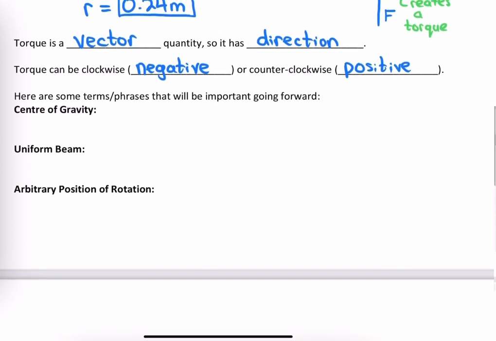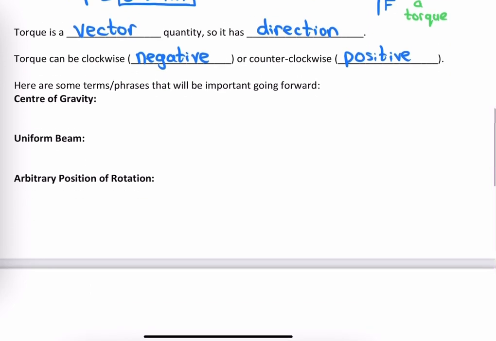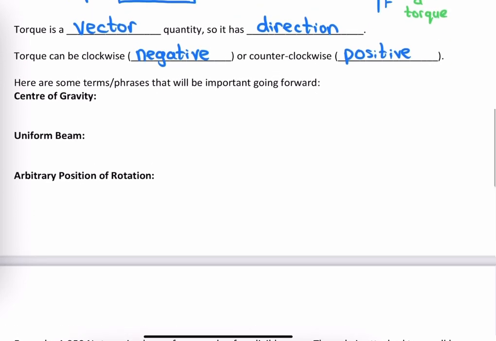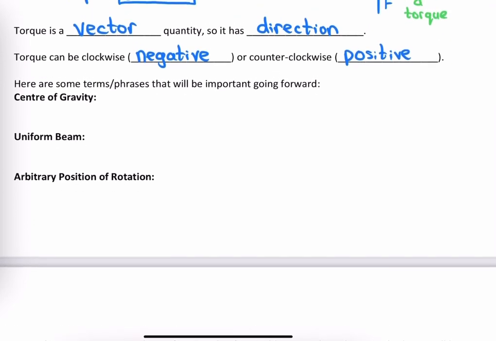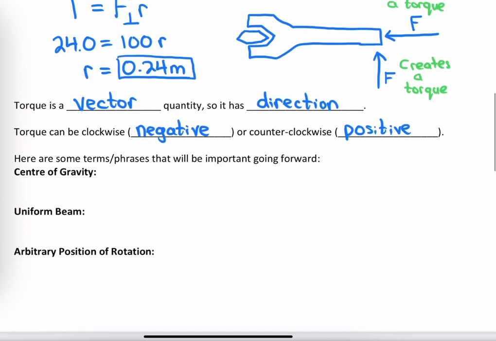One thing I want to talk about is center of gravity. So in an object, say this wrench, for example, gravity acts everywhere. Gravity is pulling on every single atom in this wrench. There's an atom here that has gravity pulling on it, and here, and here, and here.